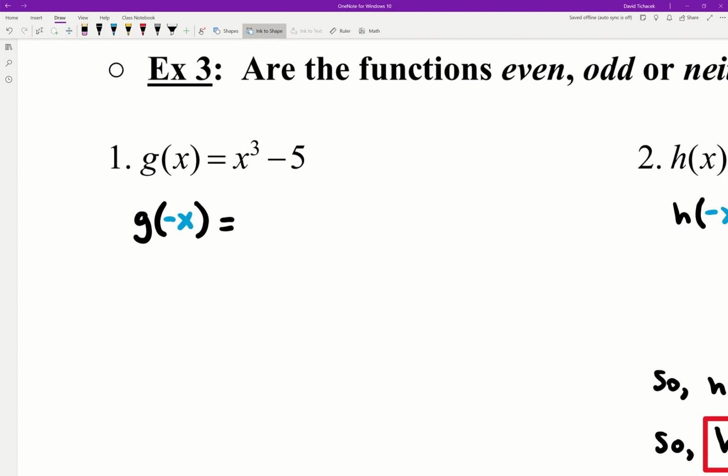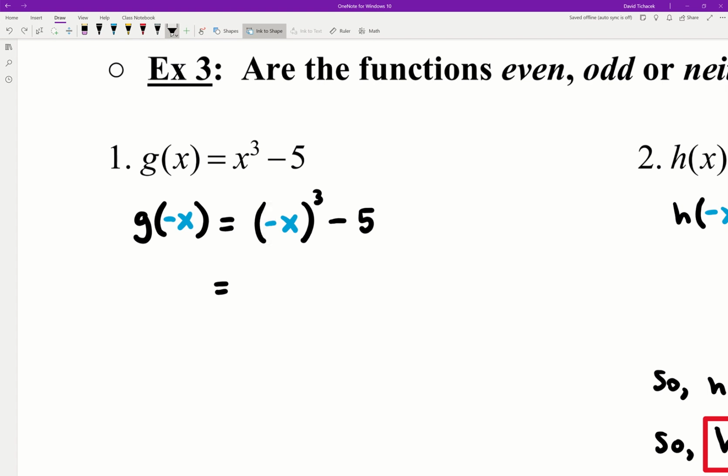Okay, so let's see what happens here, right? This function is programmed to take your input and cube it first, and then take away 5. Of course, the input that we're giving it is negative x, and we just now need to look at the operations in this function and decide if this negative right here is something that can basically cancel out for us.